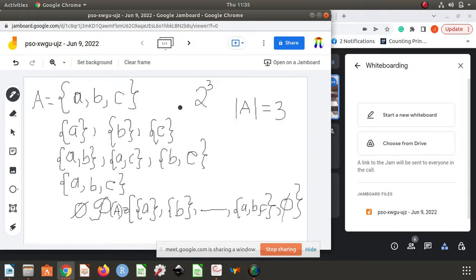And then the theorem in this case: if the number of elements in a set is equal to n, then the number of elements in the power set will always be equal to 2 raised to n.